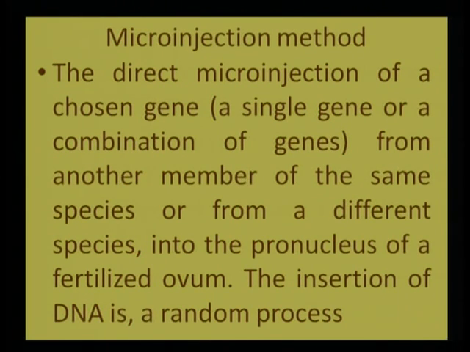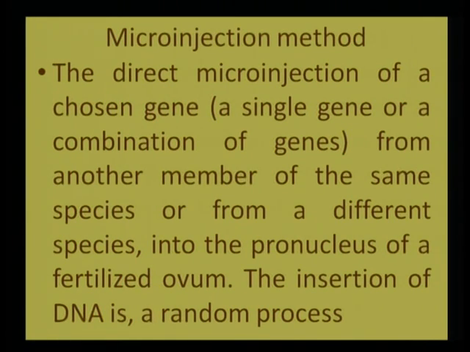Microinjection method. The microinjection method is the introduction of a single gene or a combination of more than one gene, from one member of the same species or from a different species, into the pronucleus of a fertilized ovum.